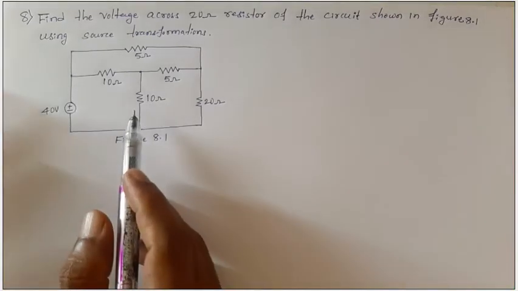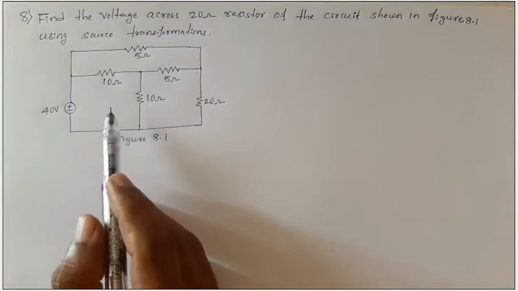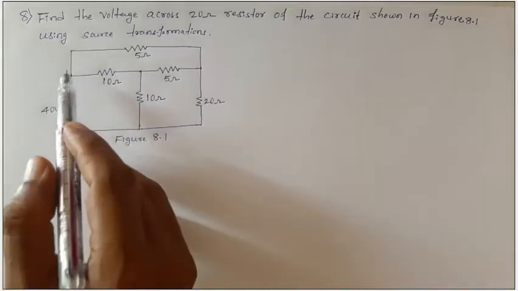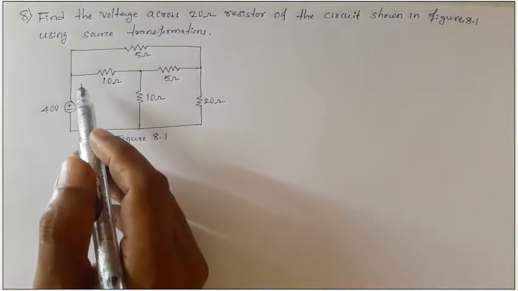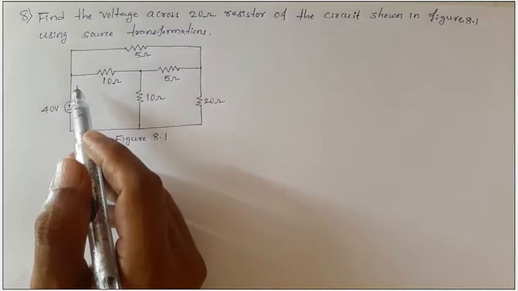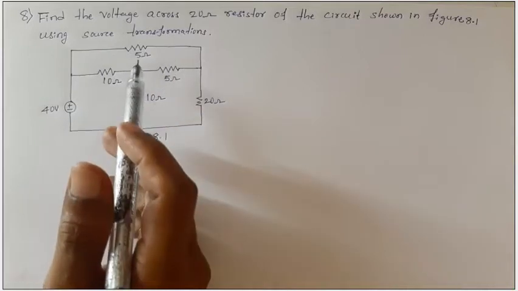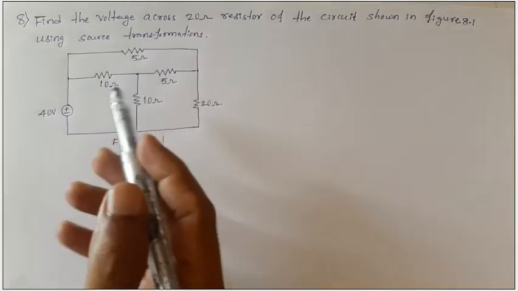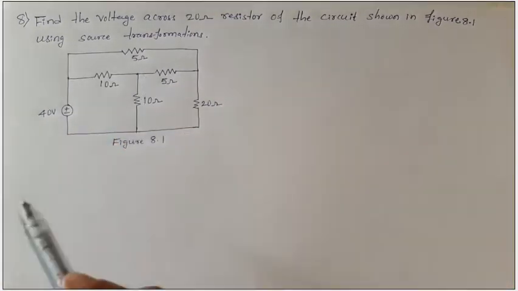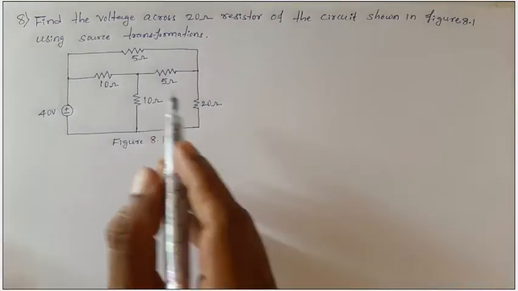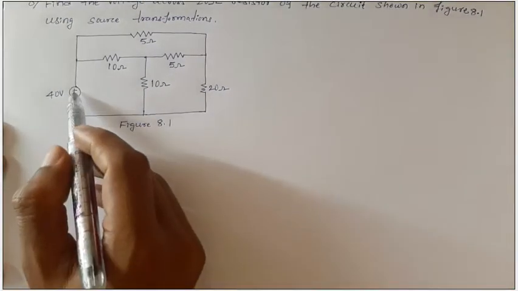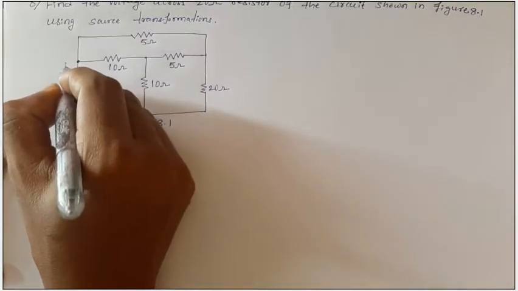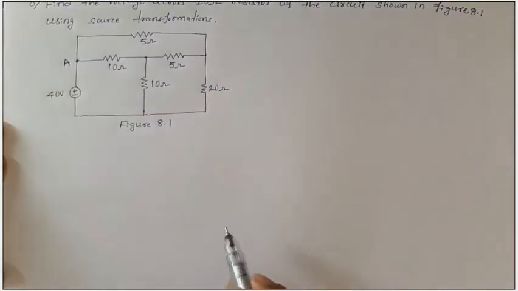This is a little bit simple problem, but because this voltage source has no series resistance, if I want to convert it using source transformation, I would have to convert it to a current source, and this network cannot be reduced. For that reason, we can shift this particular source through this node. I will name this node as node A, right?